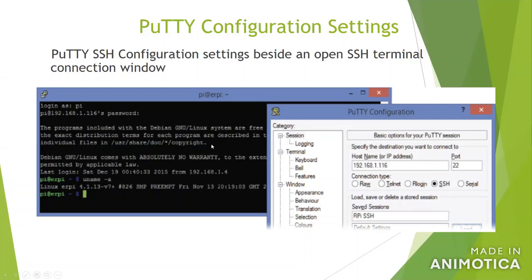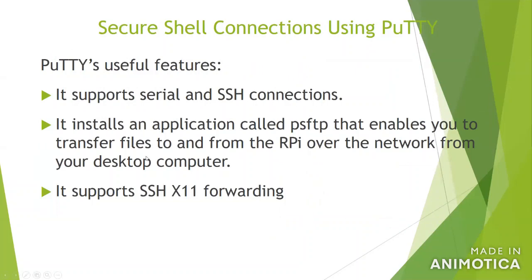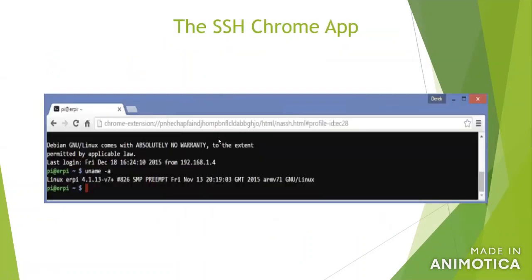Once you start the connection, you will see a window like this. I didn't use PuTTY, but SSH, because I already installed an SSH application on my Windows, so I don't need to use this PuTTY window. You can also use the Chrome application.